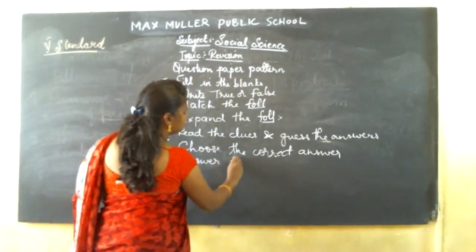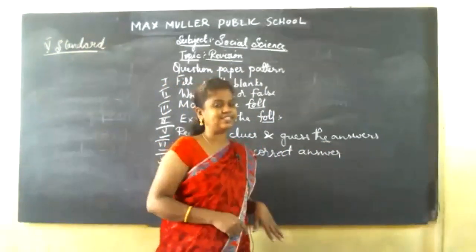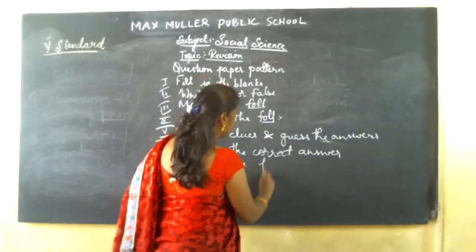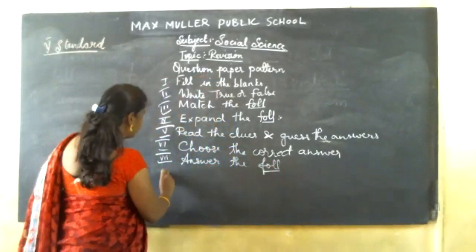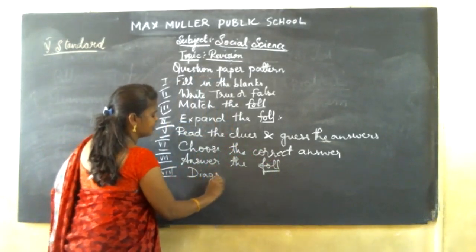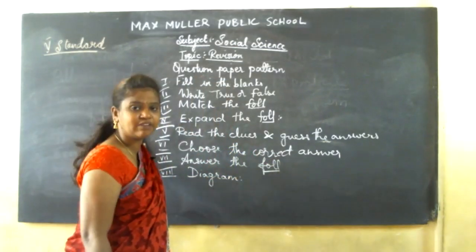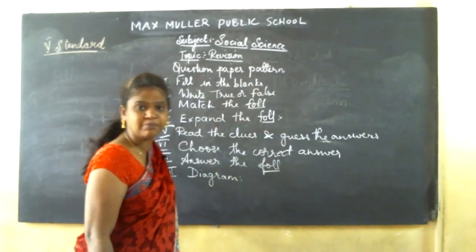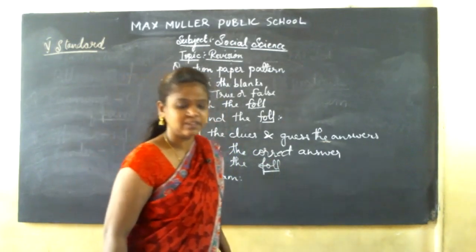So the answer the following might be either in the worksheet or the classbook question answers. So the 6th main will be answer the following, and the last main will be the diagram. So these are the mains which I mentioned in your question paper pattern. So you have to follow this pattern.